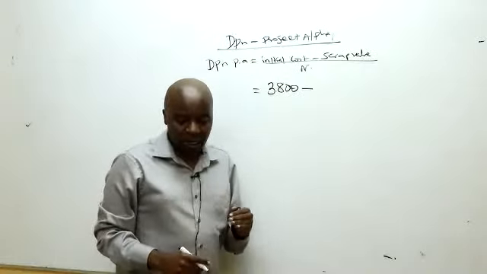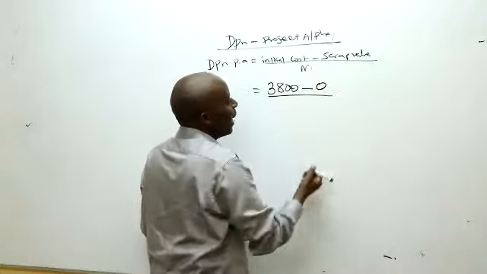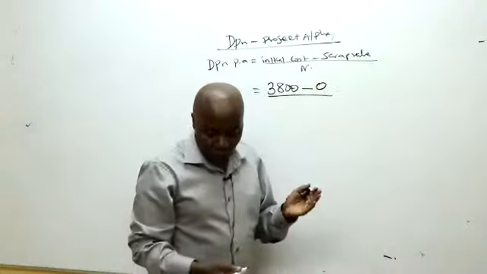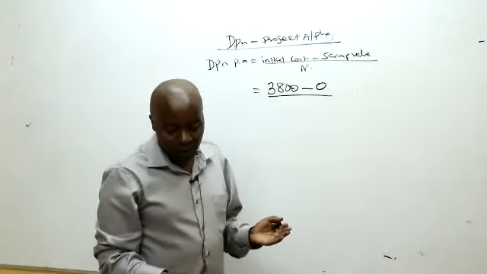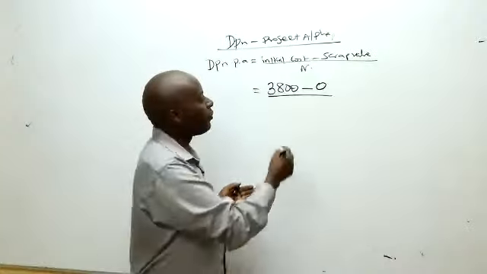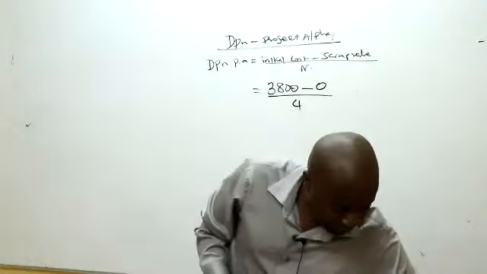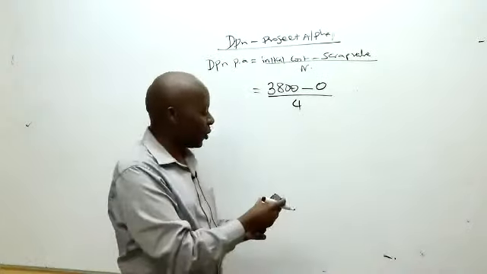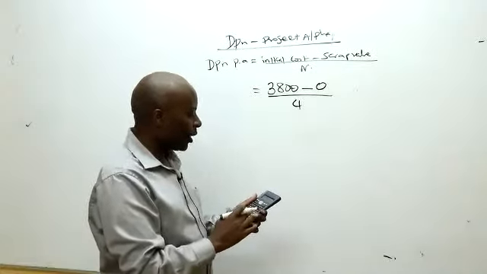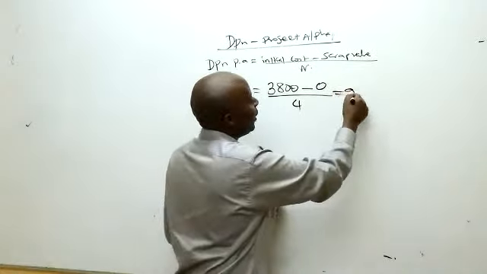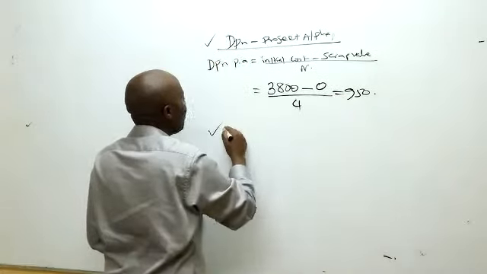Both projects have a zero salvage value. So scrap value is 0, divided by n, the project's lifespan in note 1, which is 4 years. So 3,800 divided by 4, giving us 950.